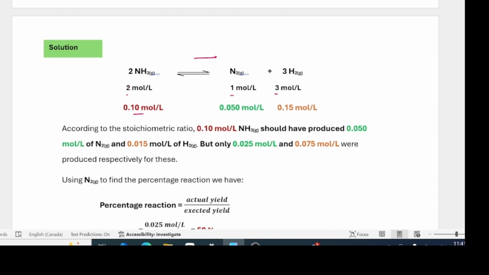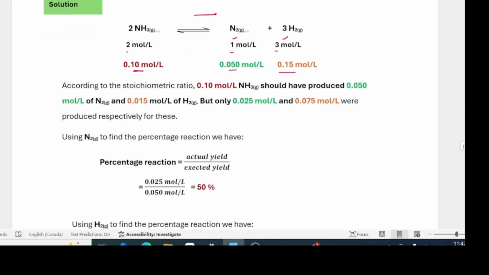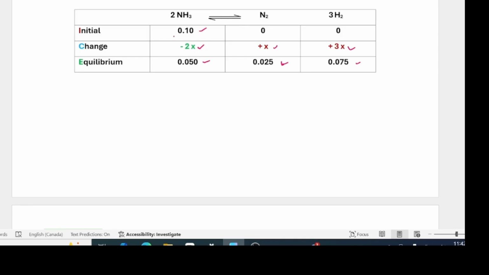For every 2 of this, you get 1 of that. So whatever you started off with here, you must get half of it here. Okay? So if you know this, then you just multiply this by 3, and that's what you get there. But look what happens. This is not what obtains. When you decompose this fellow here, you ended up with that and these quantities.